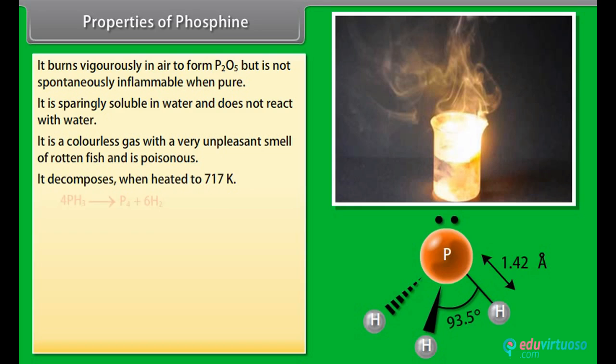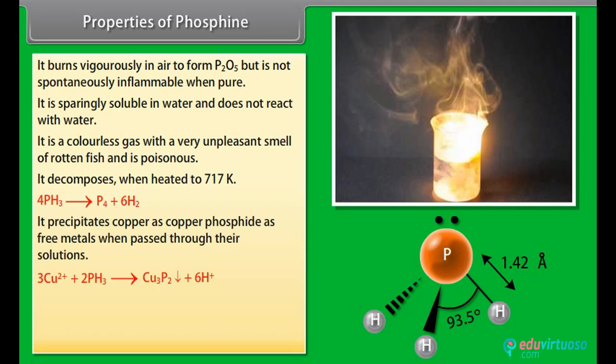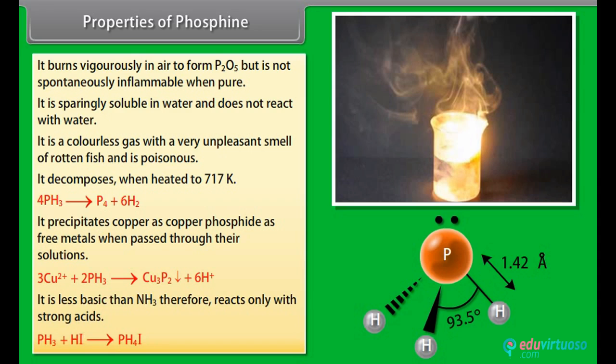It decomposes when heated to 717 Kelvin. It precipitates copper as copper phosphide, and other free metals, when passed through their solutions. It is less basic than NH3, therefore reacts only with strong acids.